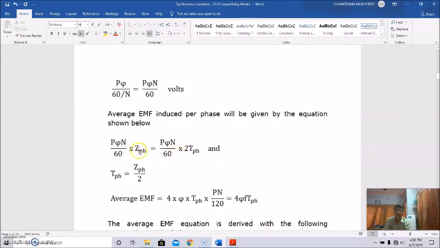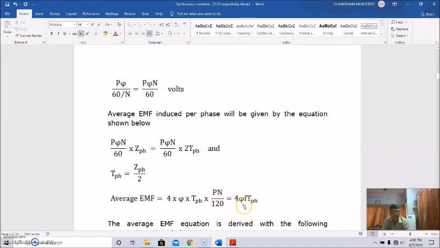So the average EMF induced per phase will be phi N by 60 into Zph, where Zph equals 2 into Tph. Then the average EMF can be written as 4 into phi into Tph into PN by 120, and PN by 120 is actually equal to f.